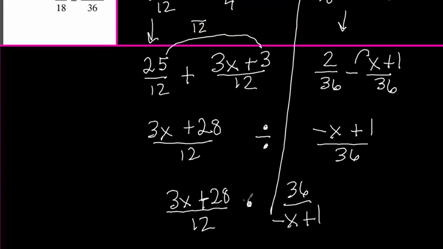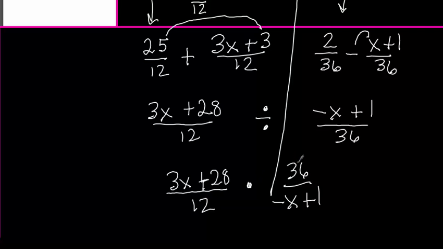Well, I like to simplify before we multiply. So think about these pieces. If I see a 36 in the top and I see a 12 in the bottom, that's just like saying 36 divided by 12. So I know I can cancel and divide those out. 36 divided by 12 leaves me with a 3.